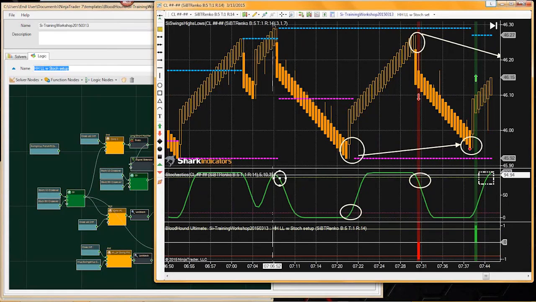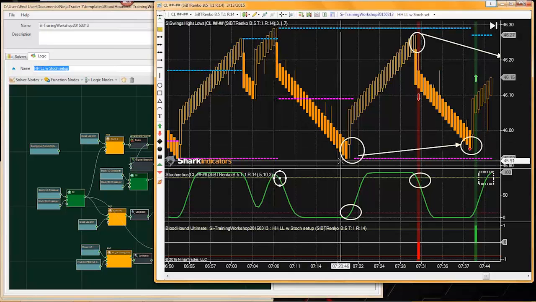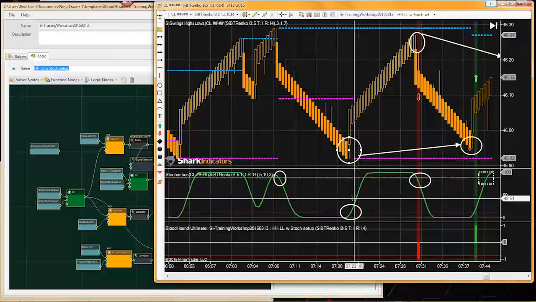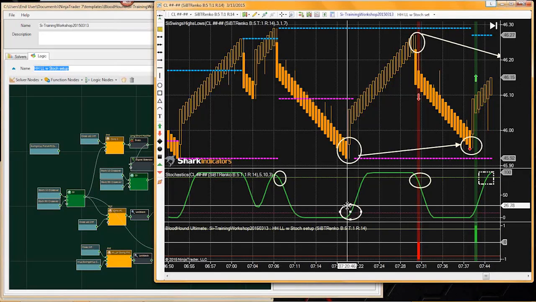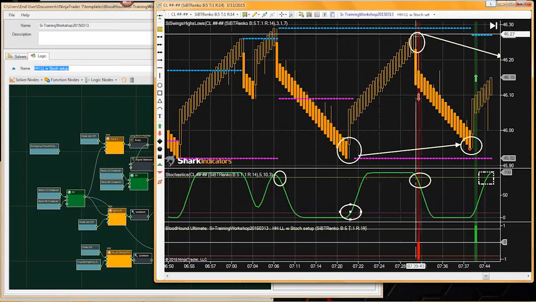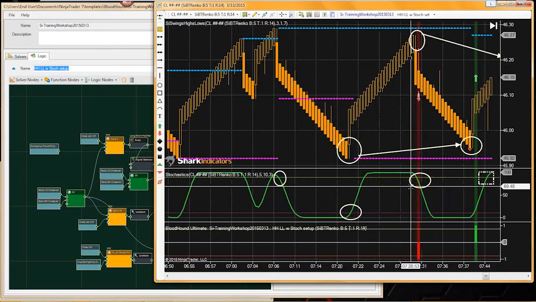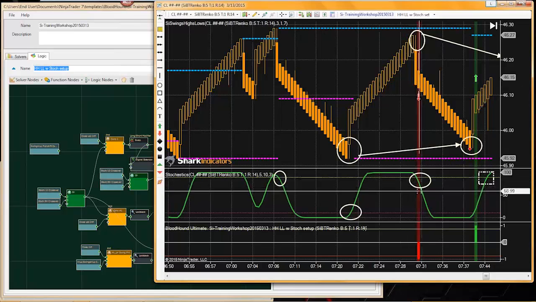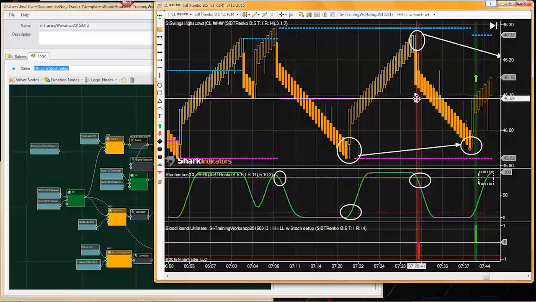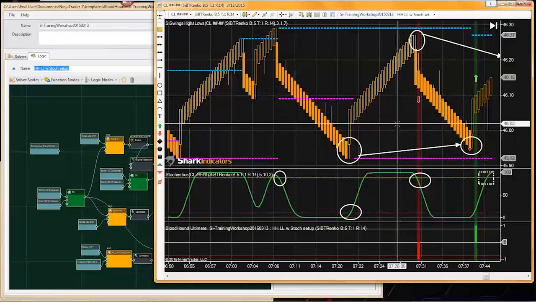Yep. All right, so our stochastic got above 90, and we had a high made, and then we had a low point made and our stochastic was below 10, and then we had a lower high made here, and once again our stochastic was above 90. So yep, that qualifies for a short signal.